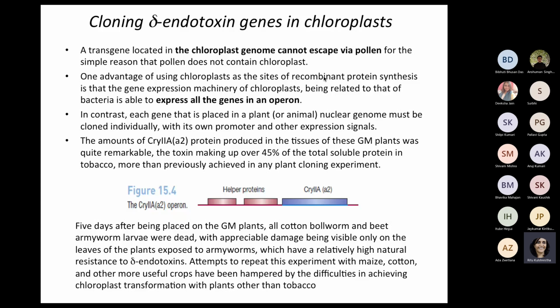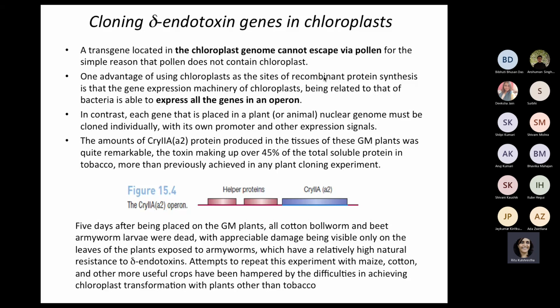So if I ask you what the advantages of cloning in chloroplast are, one would be that the escape of the foreign gene is restricted. Second, you can get more of the transgene. And third, because the chloroplast genome is bacterial in nature, as you must know, both mitochondrial and chloroplast genomes are more prokaryotic in nature.